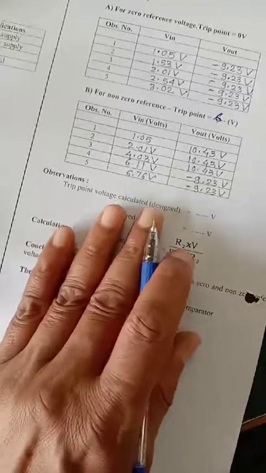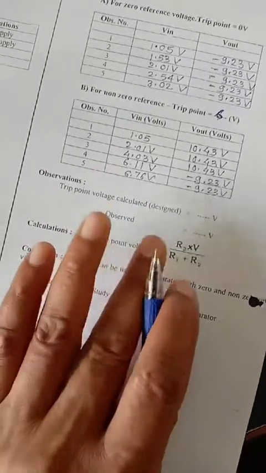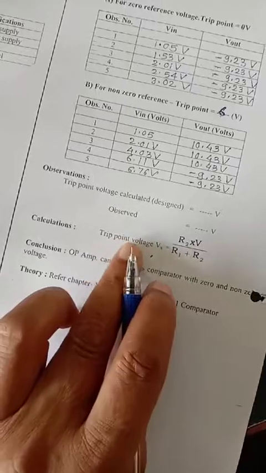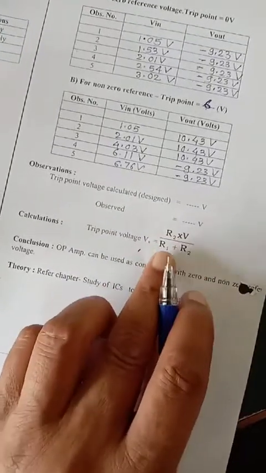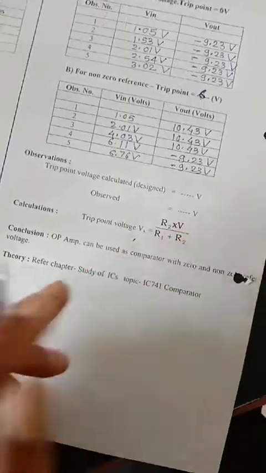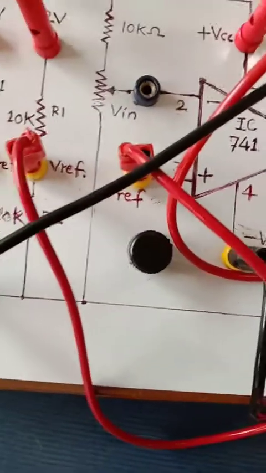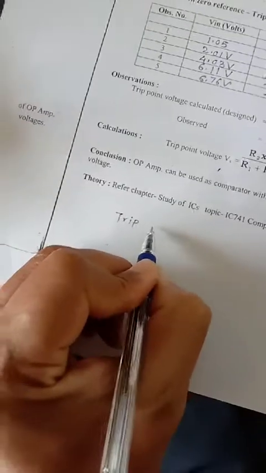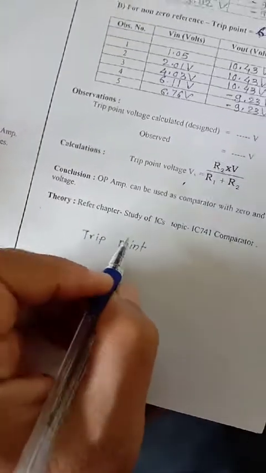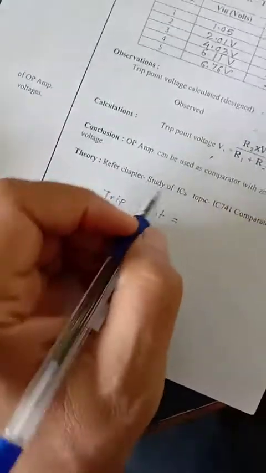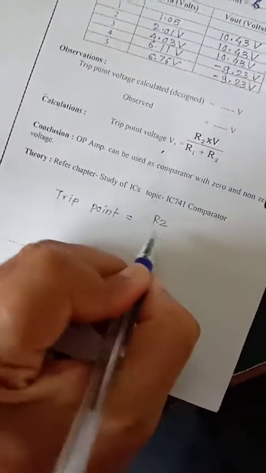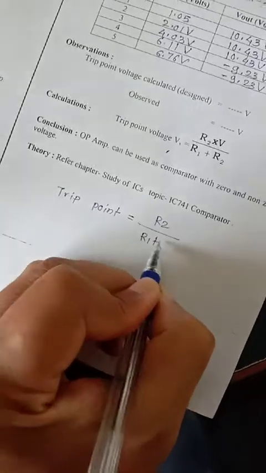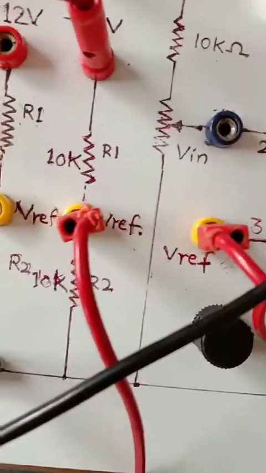To calculate the trip point voltage, we use the voltage divider formula, that is trip point voltage Vx is equal to R2 divided by R1 plus R2 into V. Here R2 is 10 kilo ohm and R1 is also 10 kilo ohm.